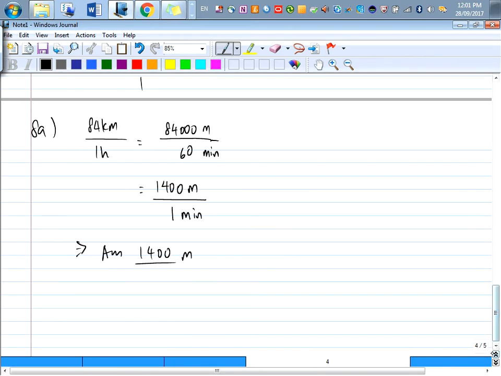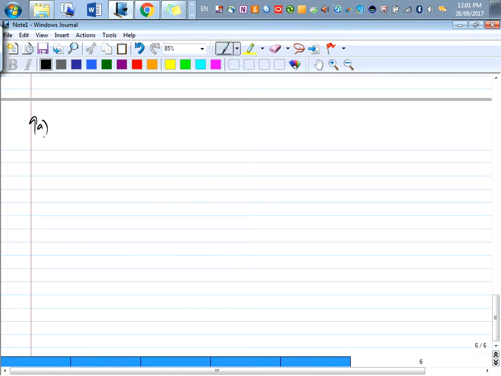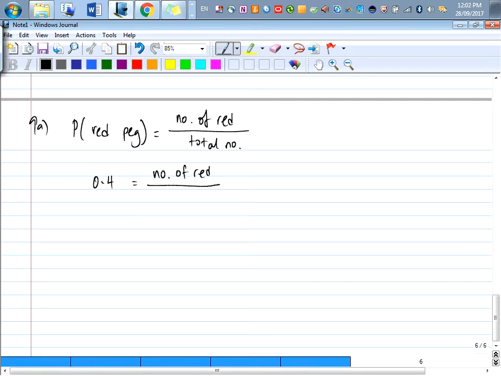9a and b, probability. 9a, probability of red is equals to number of red divided by total number. Right? So the probability that it's red is 0.4 equals to number of red divided by total, which is 40.